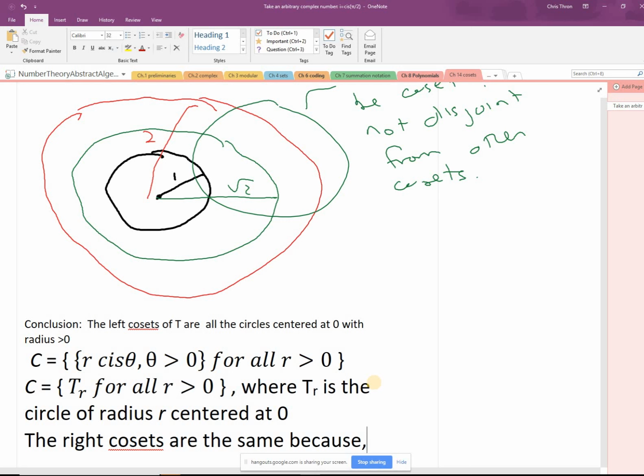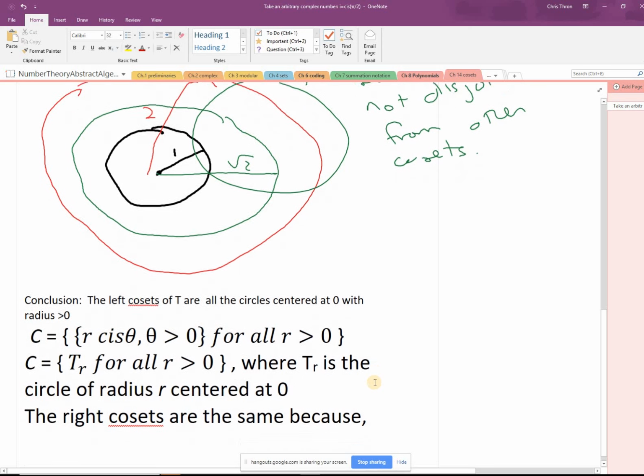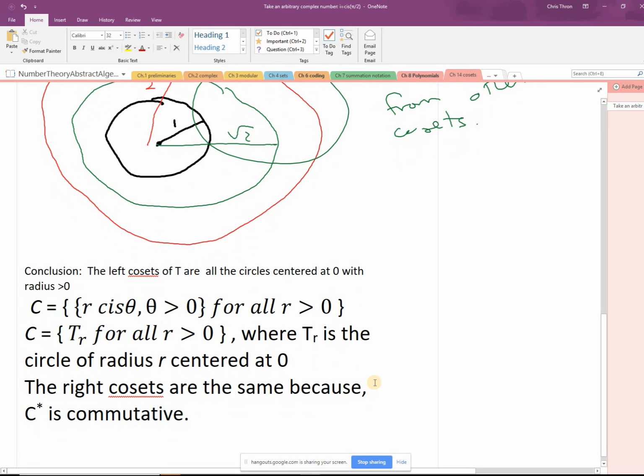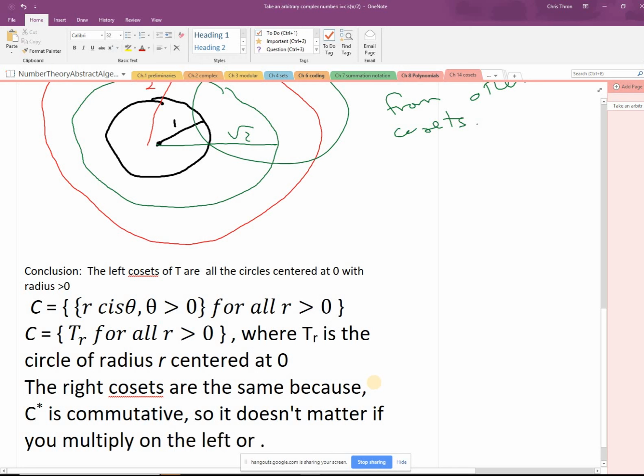Now, why doesn't it make any difference whether you multiply on the left or right? Because C star is commutative. So it doesn't matter if you multiply on the left or on the right.